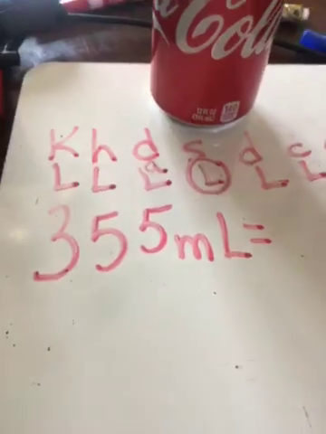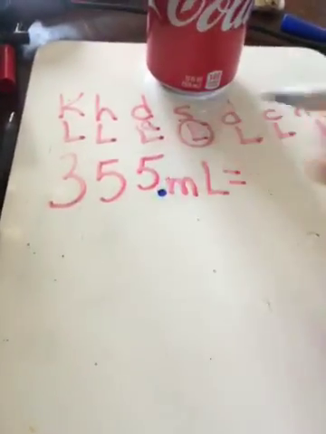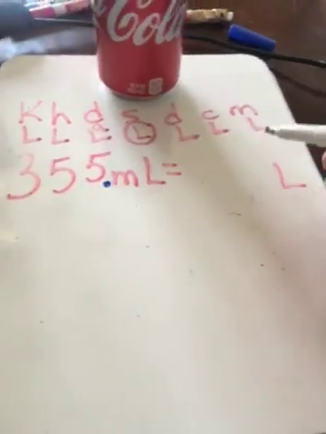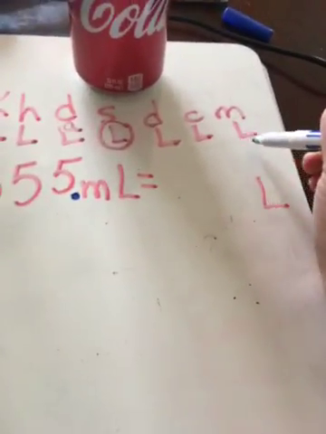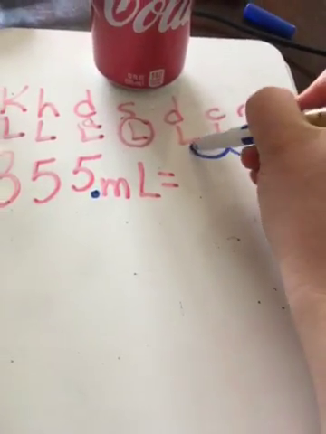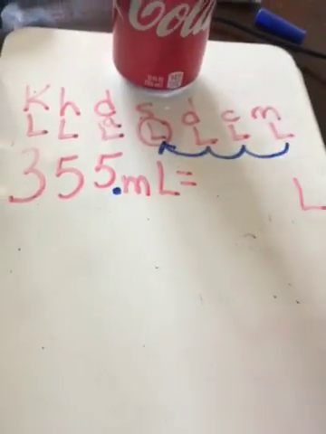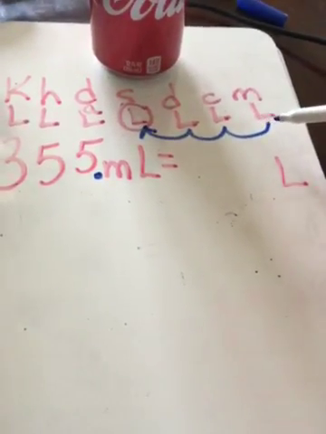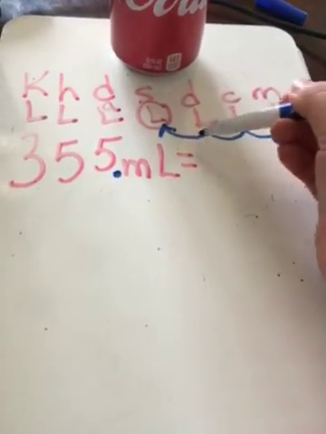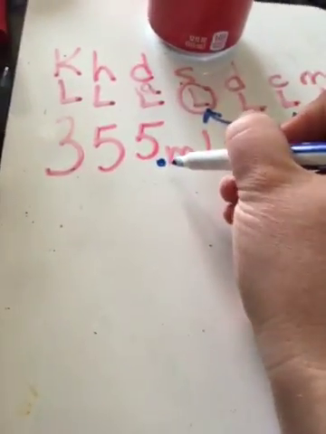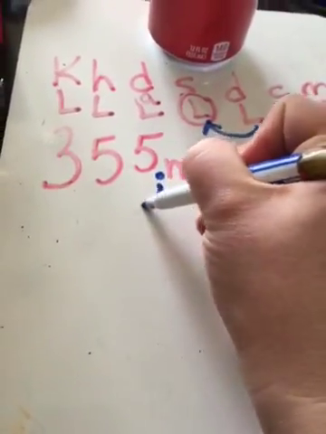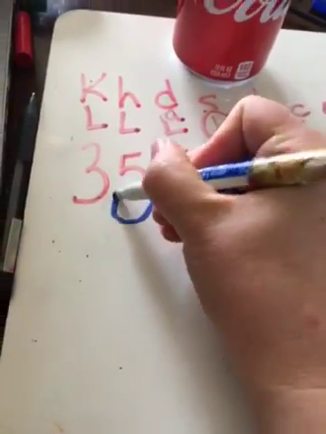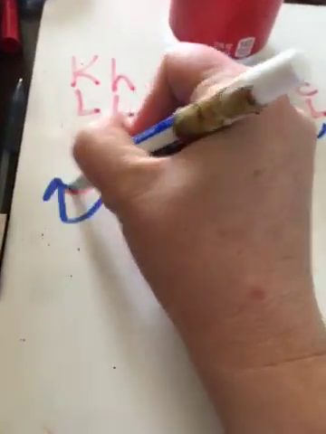So 355 has a decimal point here, and the metric system is all about moving that decimal point. If you're at milliliters, which is small going to big, small to big uses division, and that's going to move your decimal point to the left by powers of 10: 10, 100, 1,000. So we're dividing by 1,000, and we're going to scoop the decimal point 1, 2, 3 places to the left.